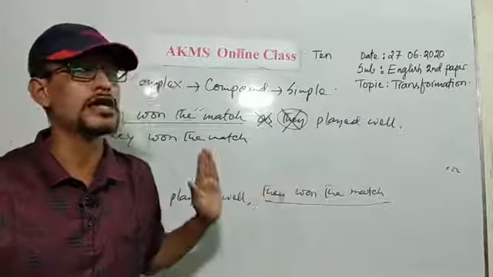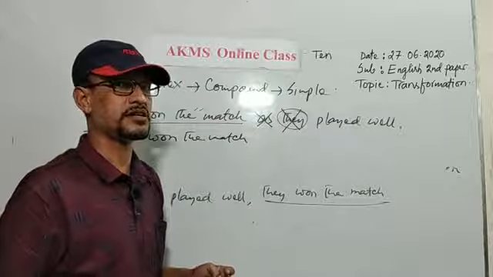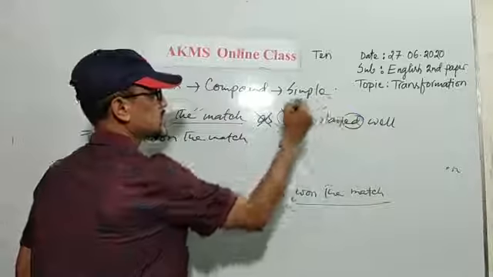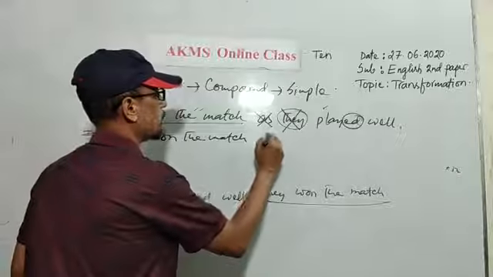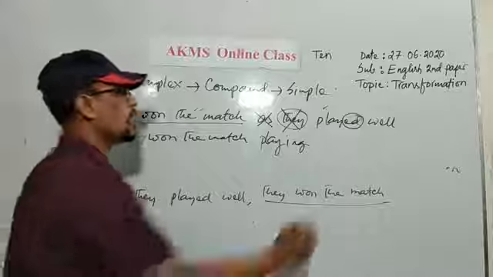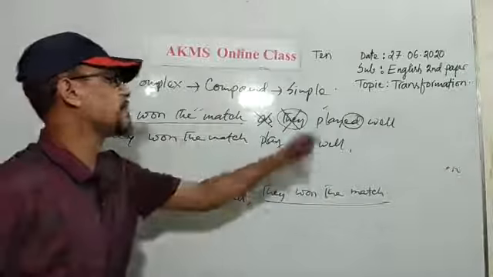So what can I do? I should make it a participle, a present participle. I will erase the past form and take the basic form of the verb "play". And I will use "ing": playing well. They won the match, playing well.